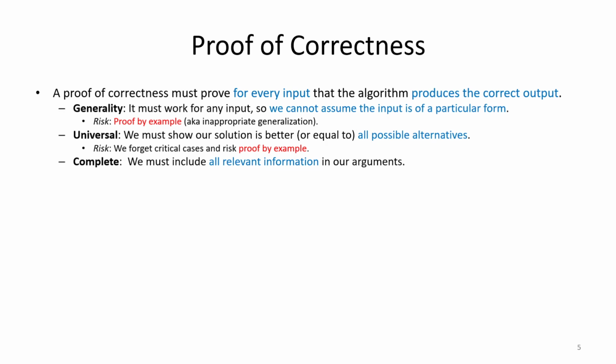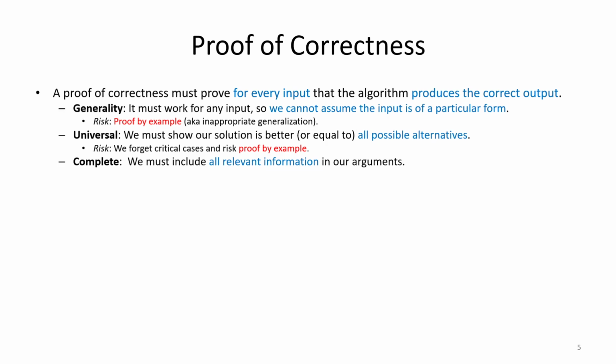Now, this one is definitely a desired property of proofs of correctness, but unfortunately it comes with a trade-off, which is if you were going to put all the relevant information into your argument, you would be proving everything all the way down to base principles, things like 1 + 1 = 2.